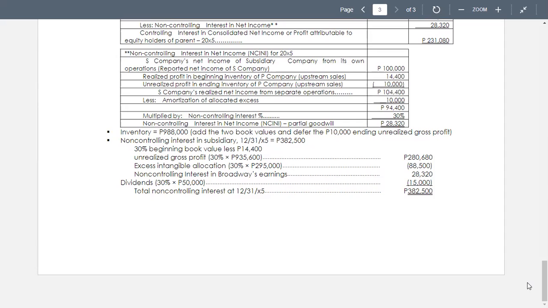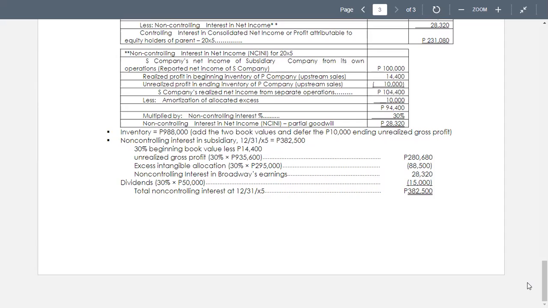So we have now 1,400,000 minus 160,000, the intercompany sales. The difference is 1,240,000. Again, we have this as letter C, for the amount of sales.